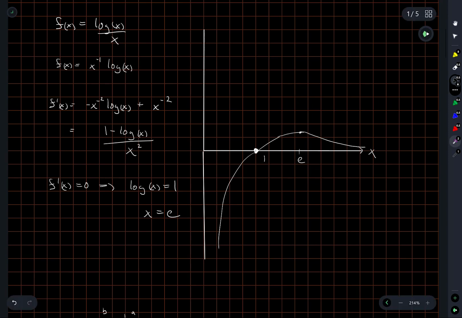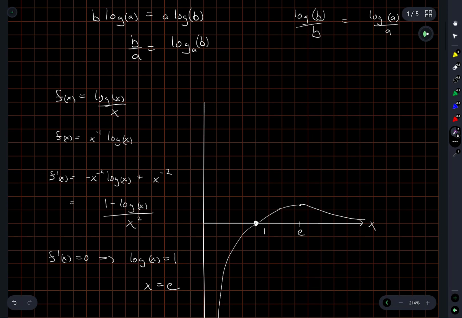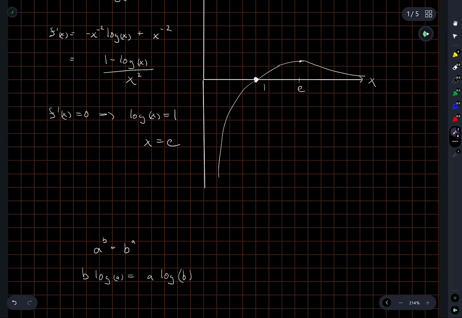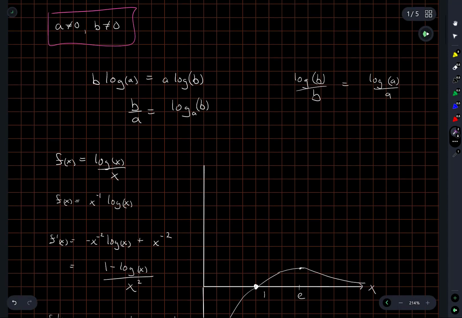So we know that for any choice of a greater than 1, there's going to be a value of b which is greater than e, which will satisfy the equality. But how do we actually get that value?